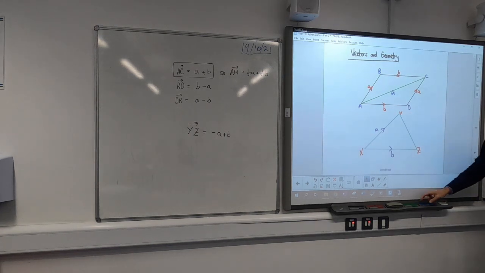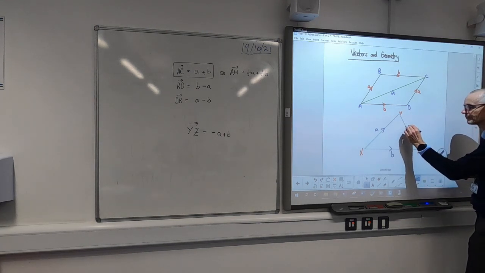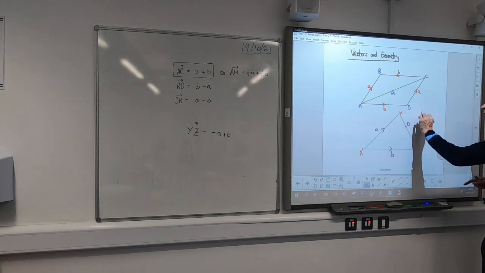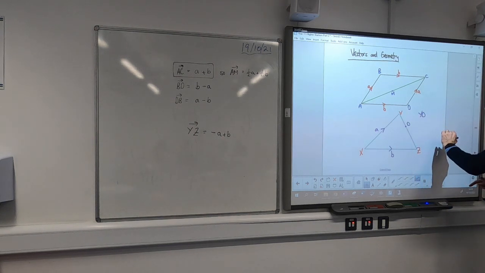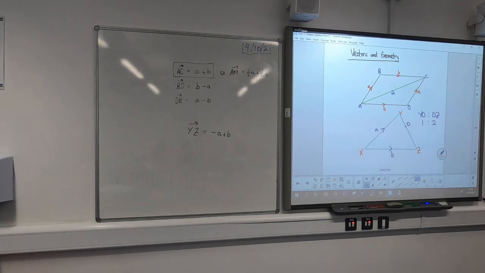Okay, here's a point, and I'm telling you now that the distance from Y to D and the distance from D to Z are in the ratio 1 to 2. So the distance to here and the distance to there are in the ratio 1 to 2.